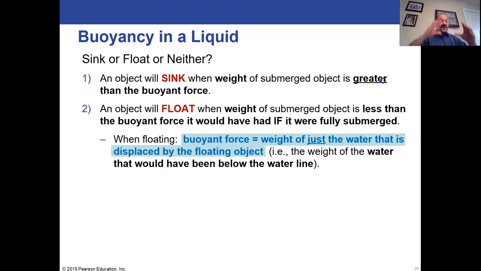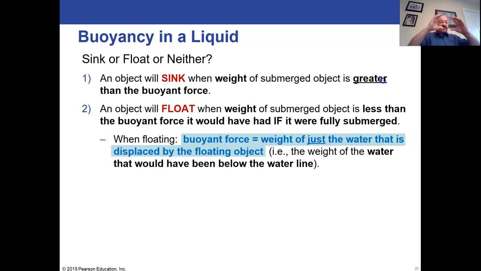If enough of the material is below the water to displace enough water's weight to balance its own weight, it will float. So the buoyant force will equal the weight of just the water that's displaced by the floating object. In other words, the buoyant force is equal to only the weight of the water that would have been below the water line for the object.